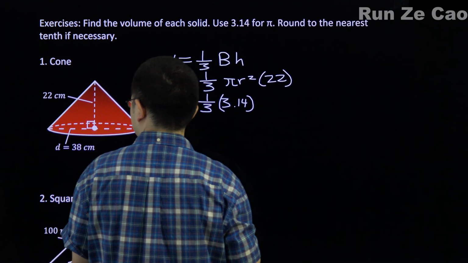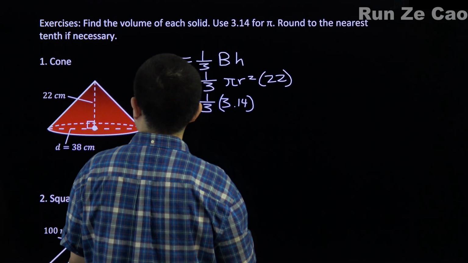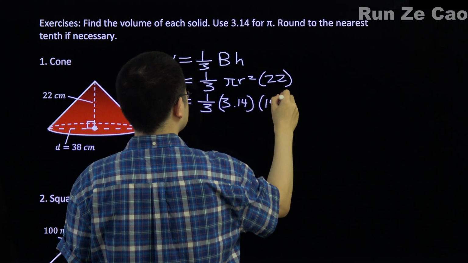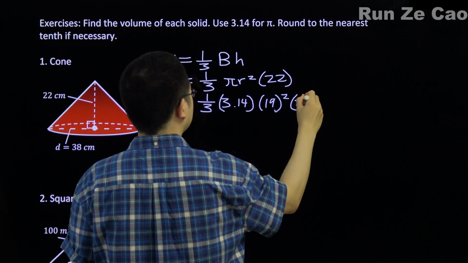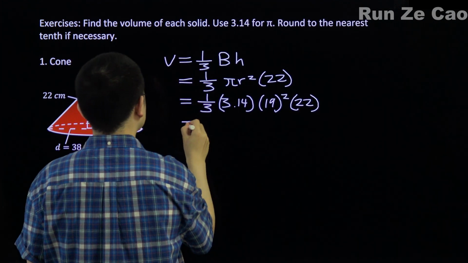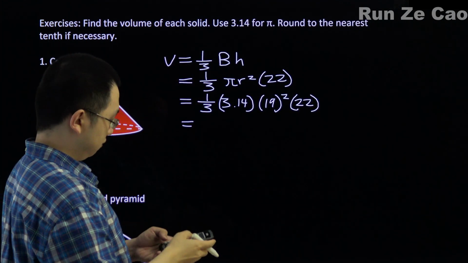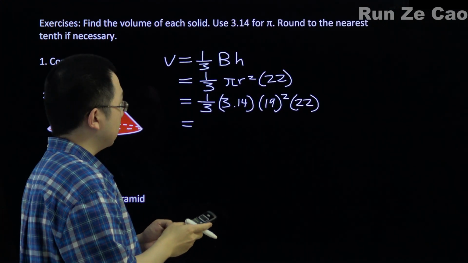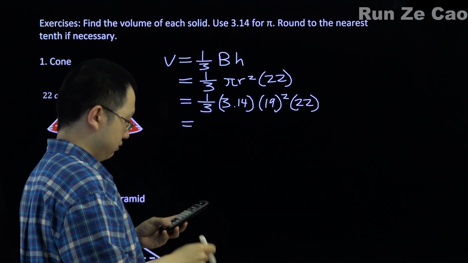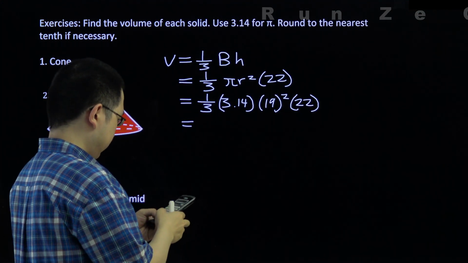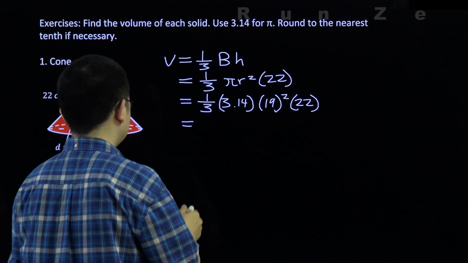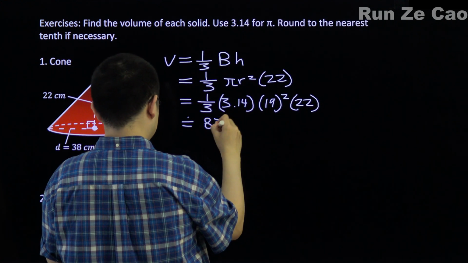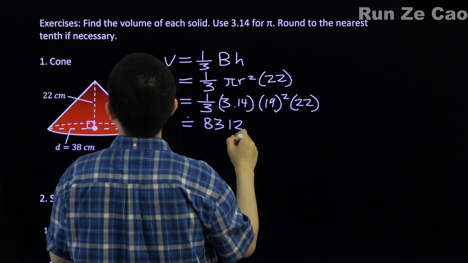And r squared, well, diameter is 38 centimeters, so the radius is 19 squared times 22. 3.14 times 19 squared times 22, divided by 3 gives us approximately 8312.6, rounded to the nearest tenth.